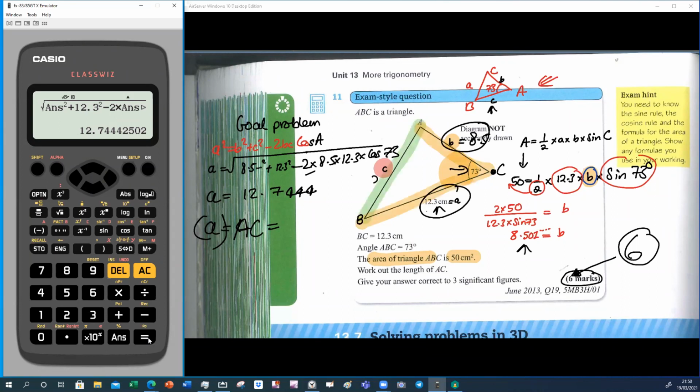So AC equals, to 3 significant figures. So let's have Eliza. What is the answer to 3 significant figures? Is it 12.7? Okay, 12.7 what? Degrees, centimeters? Centimeters. Lovely, fantastic.